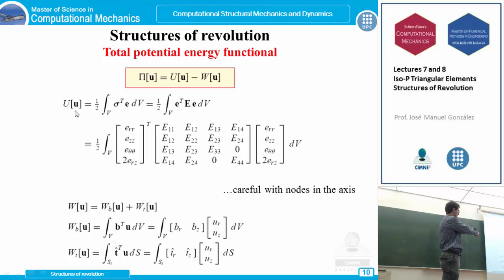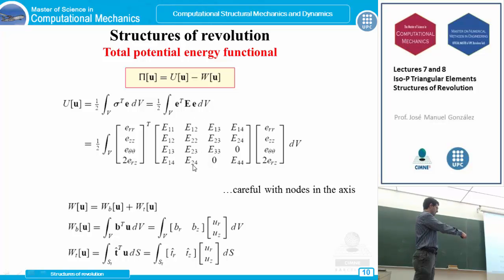Here we have the displacement, and we have seen before that this is 1/2 of the integral of this product between stresses and strains. This stress we can express as the elastic matrix times the strain tensor. So this is the integral for the internal energy. Remember that this is a matrix which involves these two values.